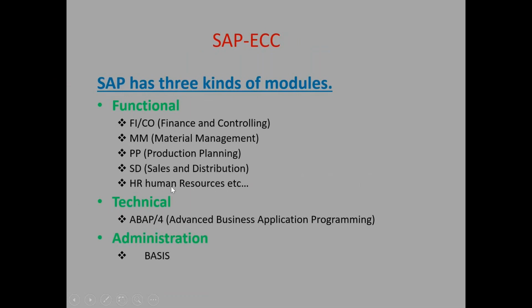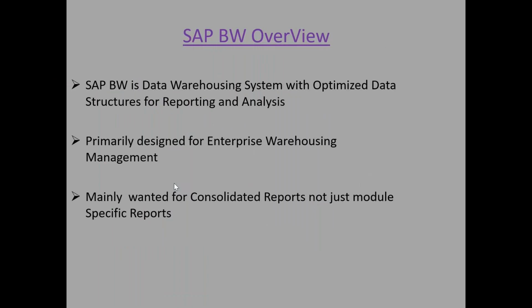When you want to get data from multiple modules, that is a consolidated report. When you talk about consolidated reports, obviously the BW has a trump card. But if you want module-specific reports, ultimately the BW is not required at all. The BW is mainly used for consolidated reports.